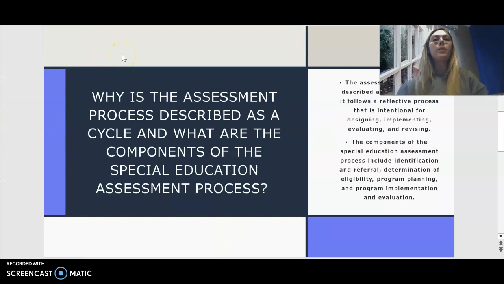The second question is: why is the assessment process described as a cycle, and what are the components of the special education assessment process? The assessment process is described as a cycle because it follows a reflective process. It's intentional: you design the assessment for that student, implement it, then evaluate, and then revise as needed for the student.